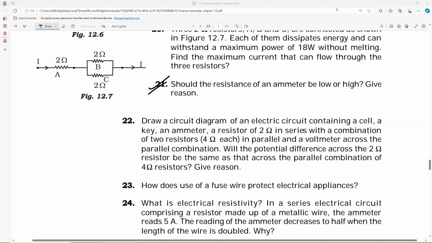So you can simply say here that you know the ampere meter is always connected in series. When we are having an ampere meter, it should always be connected in series.